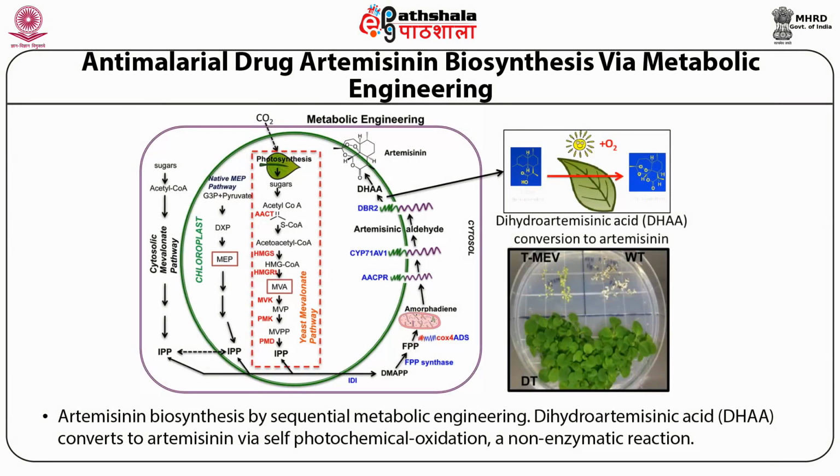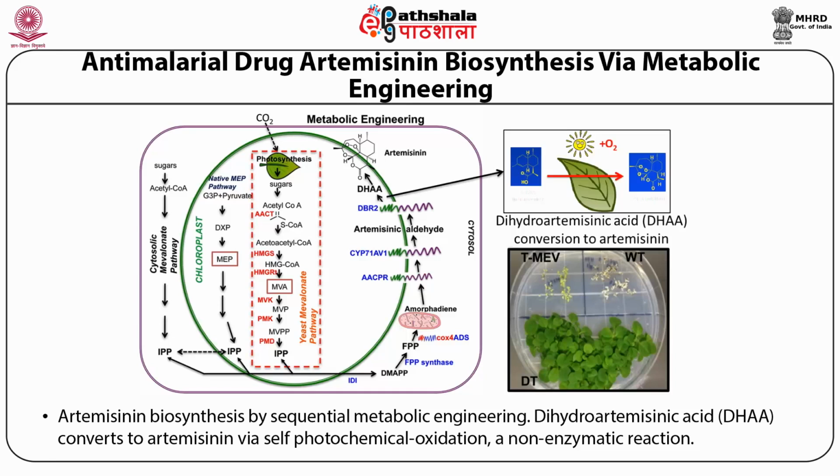Since we have shown previously that we can increase the IPP, which is required for the biosynthesis of different molecules and drugs, we have further extended this pathway and diverted this higher IPP to produce the antimalarial drug artemisinin. The red genes show, inside the chloroplast in a box with dotted lines, the yeast mevalonate pathway producing higher IPP.